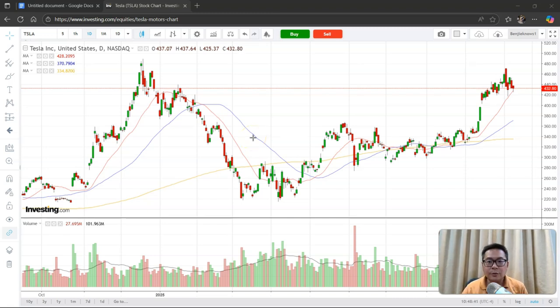For those of you who don't know my method, I use just candlesticks and moving averages. The blue line here is the 50 MA, the yellow line is the 200 MA, and the red line is the 20 MA.